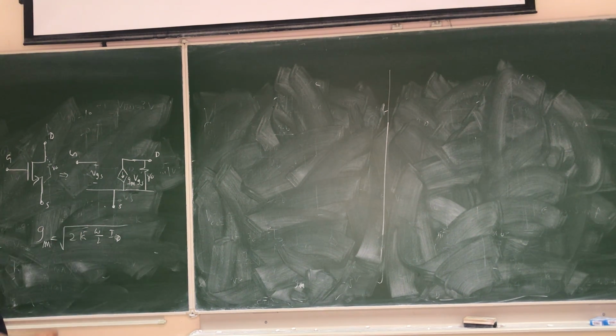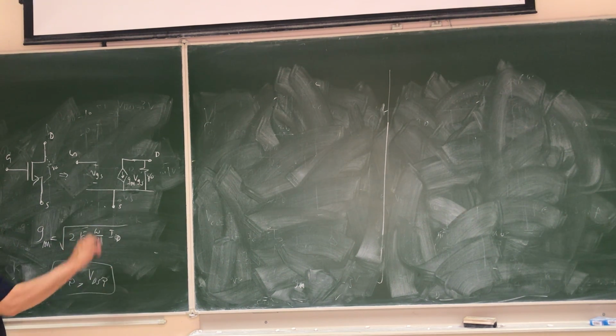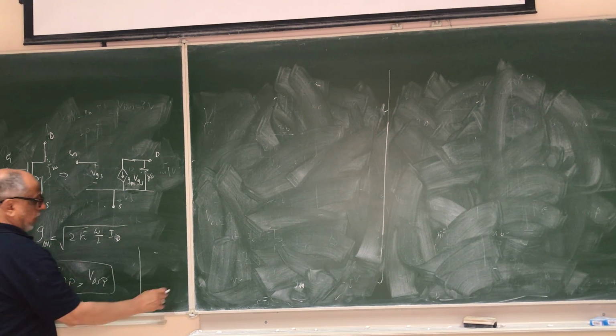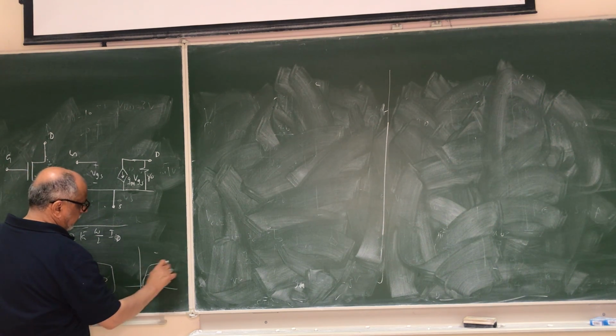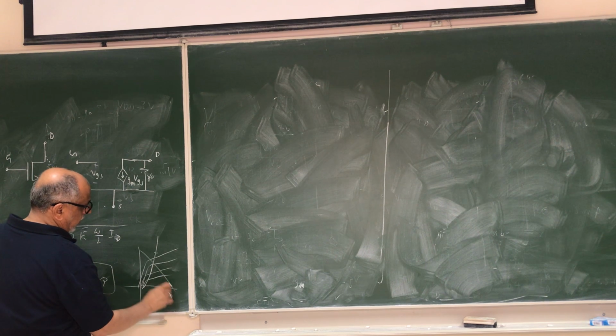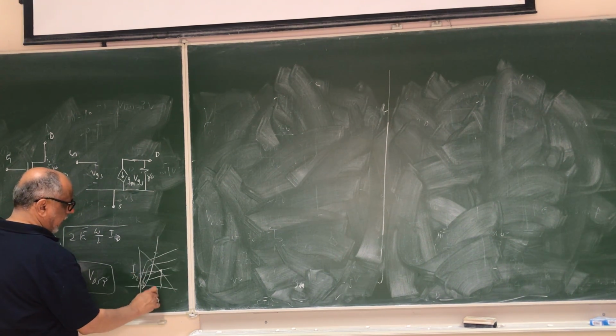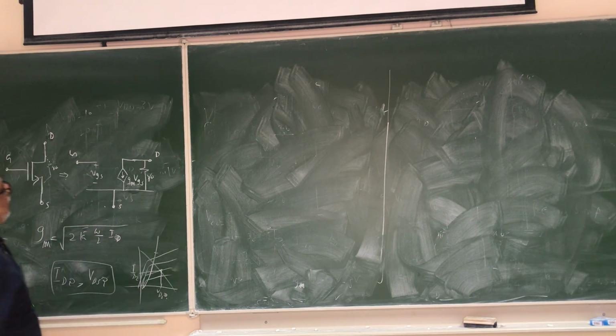But again, from the DC analysis, we have to find what is IDQ and VDSQ. This is your operating point, which is the point where we have to operate our transistor in saturation so that it can be used as an amplifier. Let's say we work here, so this is your Q point, IDQ and VDSQ, okay?